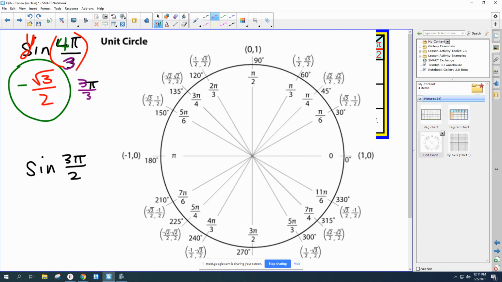Good question? Okay, what? Can you go back up before? Let me finish my thought here, and then I will. So if you're asking, what's the y coordinate at this angle, you go to that angle and see that the y coordinate is negative square root of 3 over 2, right? So we're really just finding the y coordinate.